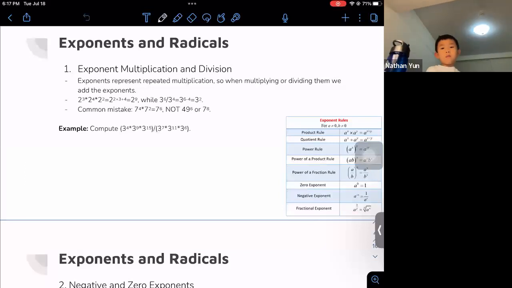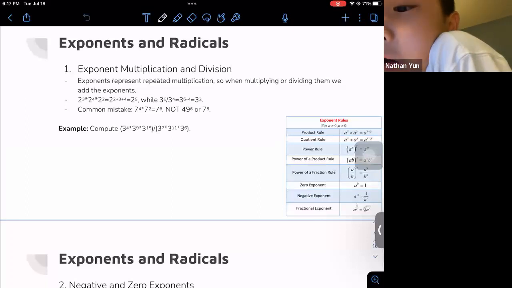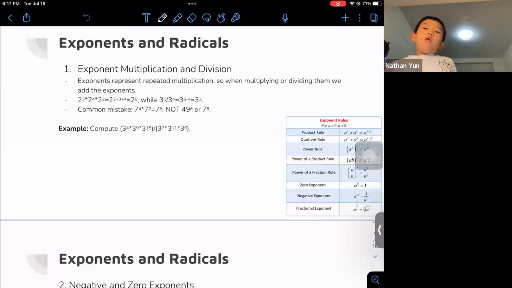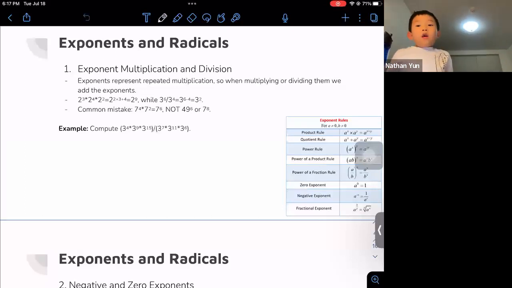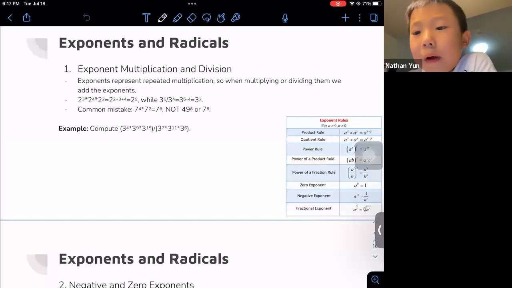So 3 to the power of 4 times 3 to the power of 9 times 3 to the power of 15 is just 4 threes multiplied together, multiplied by 9 threes, multiplied by 15 threes, which makes a total of 28 threes, which is 3 to the power of 28.